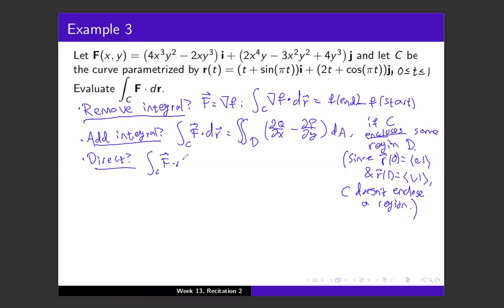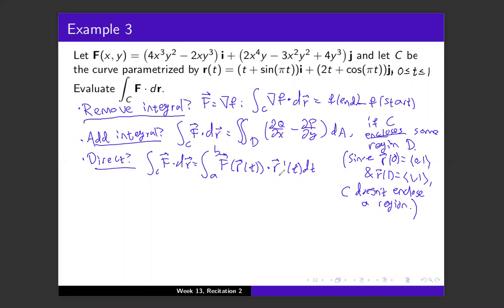The integral of F dot dr is always equal to the integral from a to b of F of r of t dot r prime of t dt. Now that can be a very hard integral to do, and I'll let you know up front, this would be an extremely difficult integral to attempt.